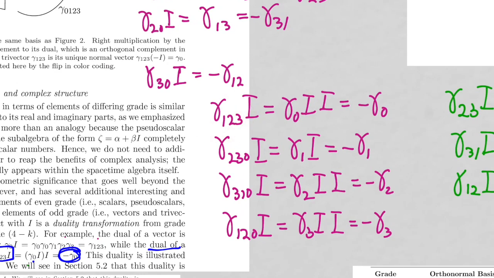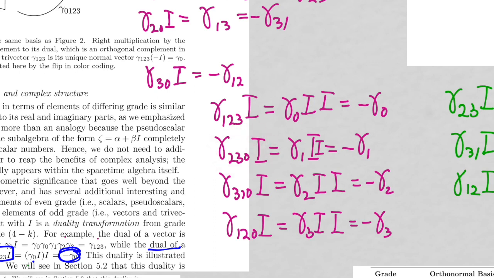So gamma 1, 2, 3 is gamma 0 times I, which is minus gamma 0. Gamma 2, 3, 0, oh, I think I'm missing an I there, right? There should be another I here. Gamma 230 is the dual of gamma 1, right? And I'm just reading it this way. This is gamma 230, right multiplication by I. That's the dual of gamma 230.